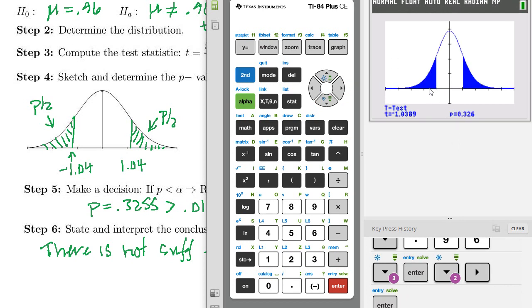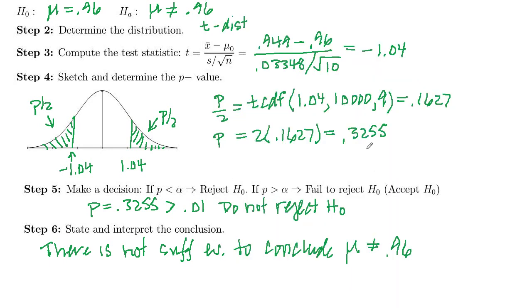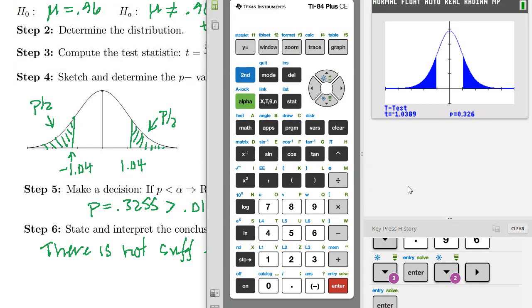So you can see our p-value is shaded, just like we had here. 1.0389, so 1.04, and then p is 0.326, and we got 0.3255. So again, we're off by a little bit in the 4th decimal place, and that's because of rounding, rounding in the t-value. But it is confirming what we did by hand, that we do not reject.